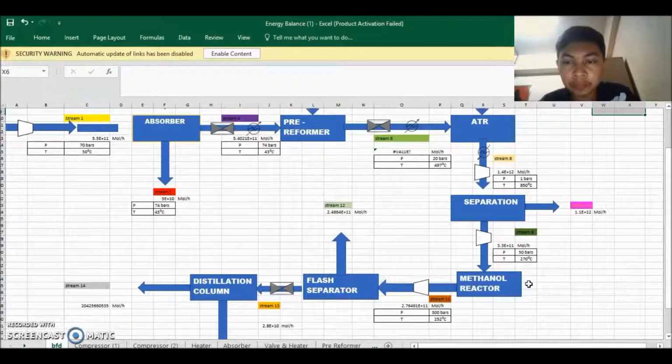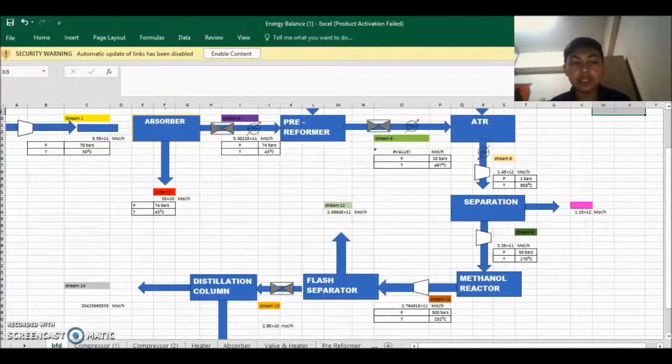From 15 bar to 300 bar, we must use a compressor to increase the pressure. But for the temperature, we do not use any because there is only a slight change of 18 degrees. Okay, now I will proceed with how to calculate the energy balance.